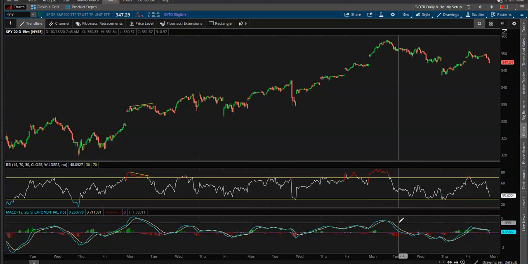I love the RSI. I love the RVI, Relative Volatility Index, on lower time frames. And I also love the stochastics, but I'll do one on RSI versus stochastics that you'll want to watch.